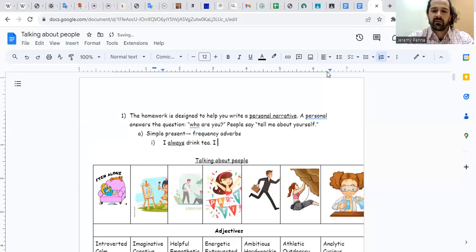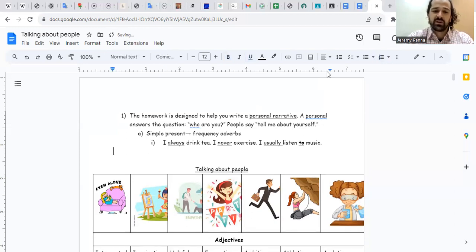I never exercise. I usually listen to music, etc., etc. So, simple present.